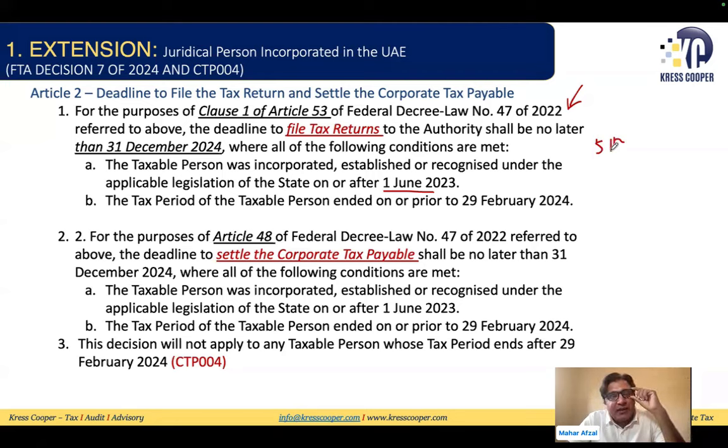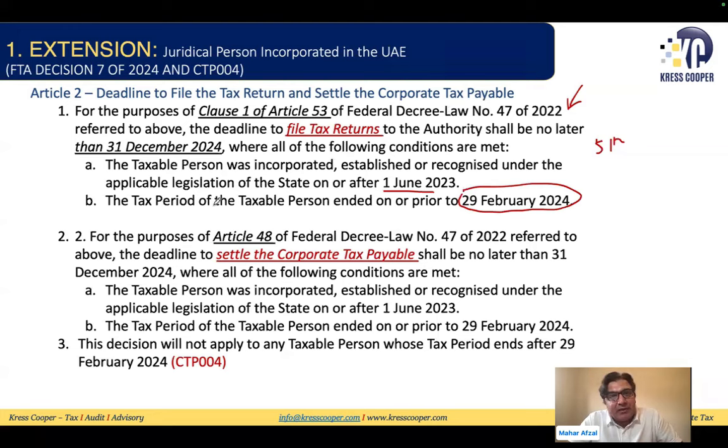But this decision has been issued by the FTA, decision number 7 of 2024. They said, if your financial year and your tax period is ending on or before 29th of February 2024, then you can submit your return by the end of 31st.